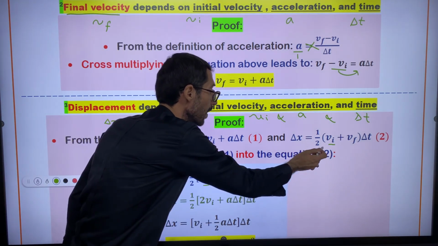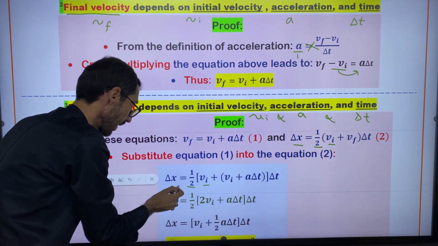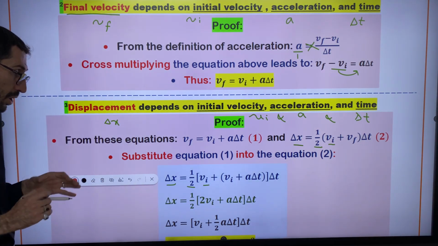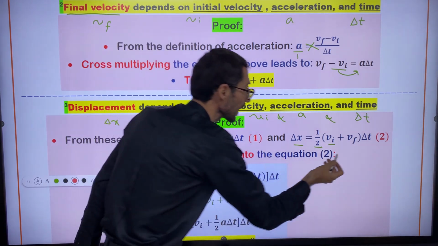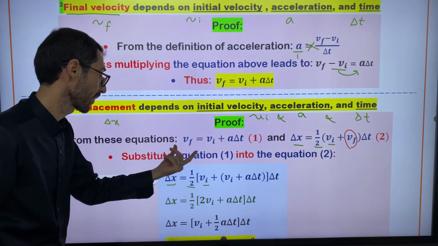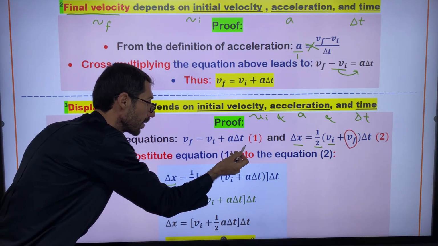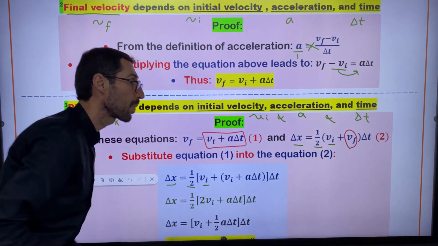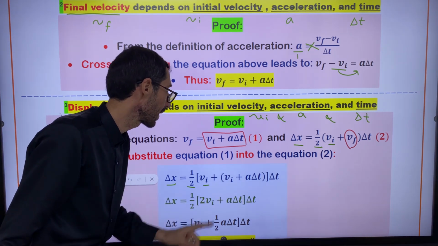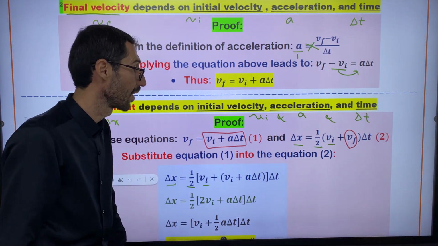But in place of final velocity, you have to write vi plus a delta t.